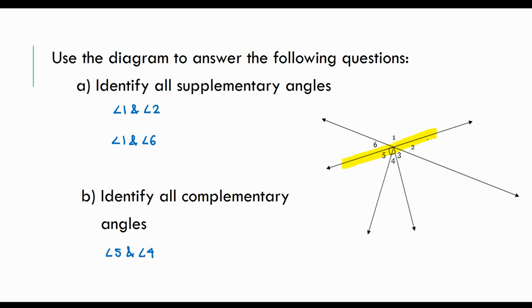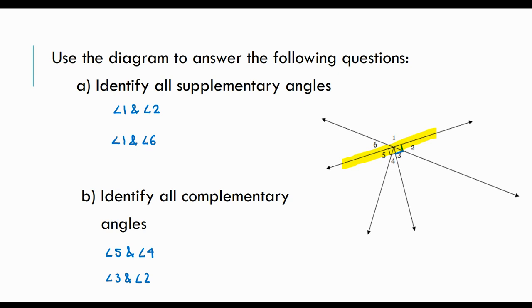A straight angle is 180 degrees. So if these 2 angles add up to 90, that means over here on this side, these 2 angles, 3 and 2, are also going to have to add up to 90, because 90 and 90 get us that 180 straight angle. So that means that angle 3 and angle 2 are also complementary angles.